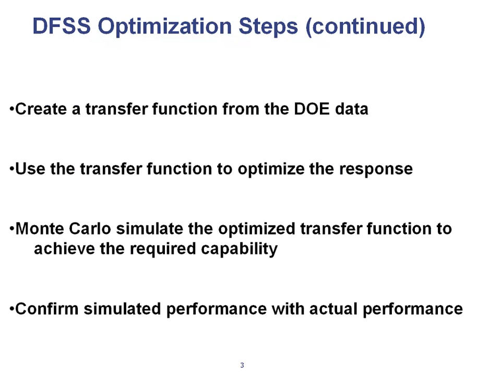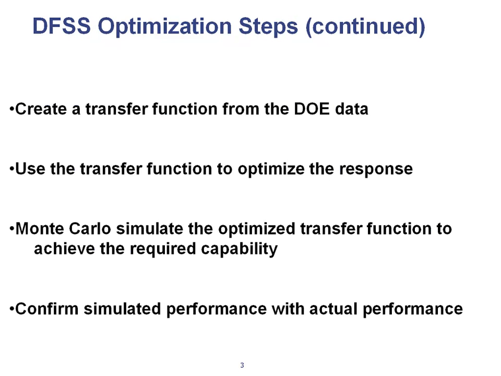In other words, find the values of the x's that place the response on target, and then with those optimal values, use Monte Carlo simulation with knowledge of how those x's distribute themselves statistically to predict capability of the responses and therefore of the design.